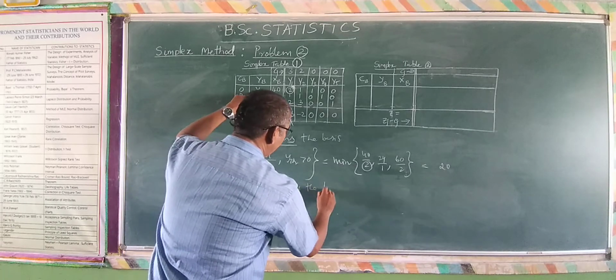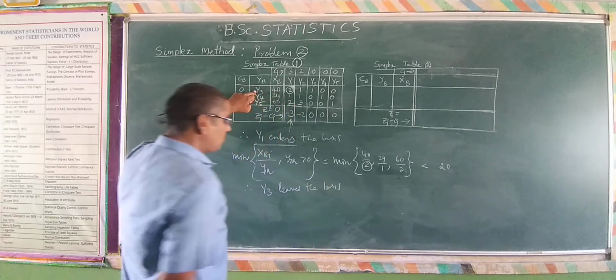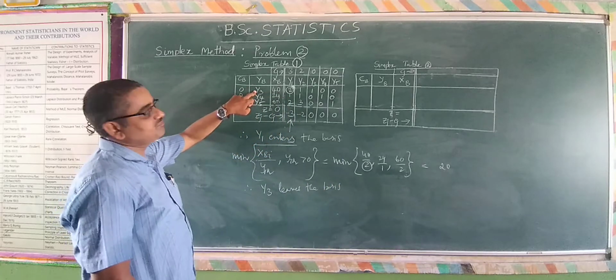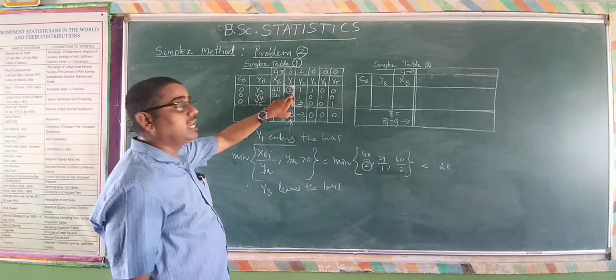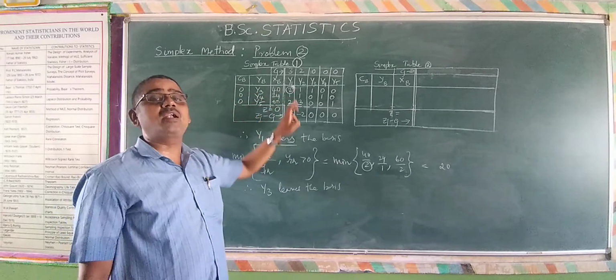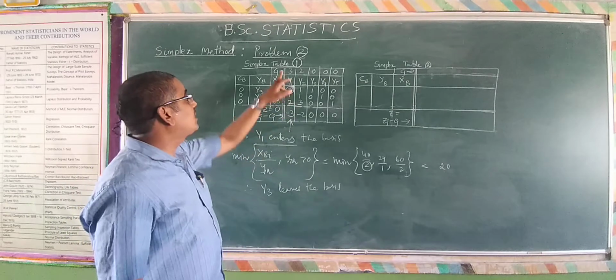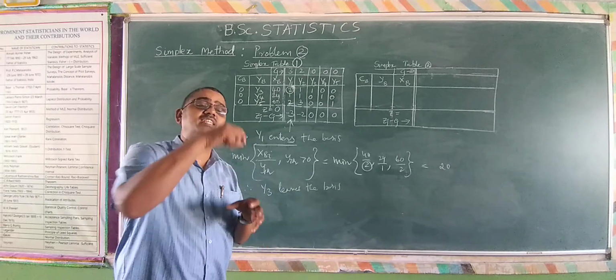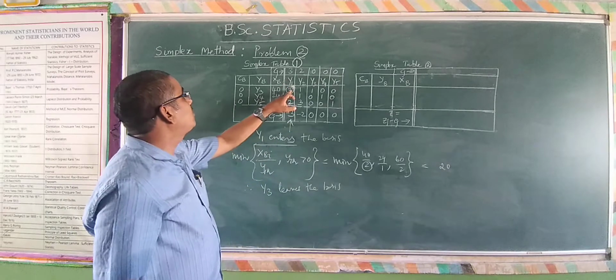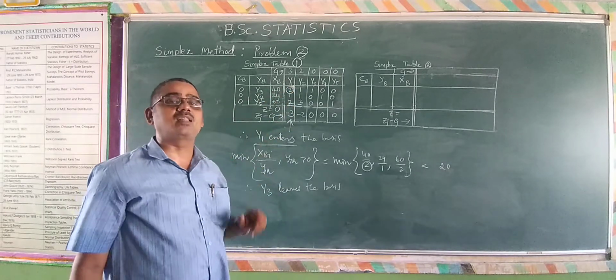That you have to write. Now you see the corresponding element 2, the common element. y1 is entering the basis and y3 is leaving the basis, and for y1 and y3 it is a common element, which is called the pivotal element.